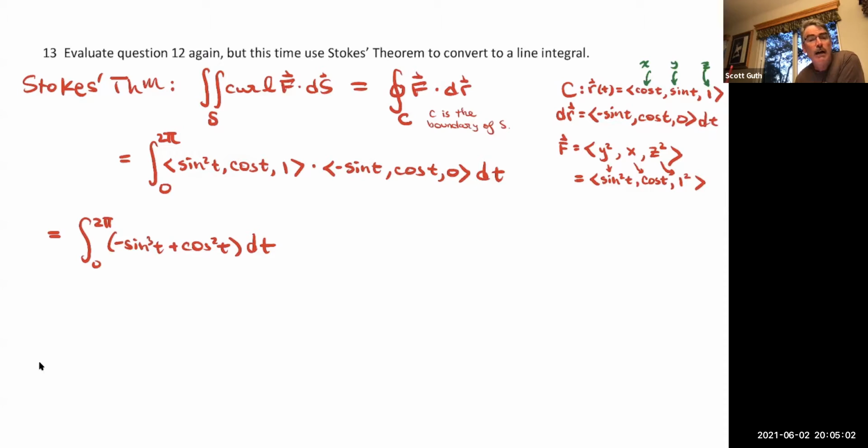Now, I'm going to have to split this into two integrals. I think that's kind of obvious. I'm going to have to do one integral with a sine cubed t from 0 to 2 pi, negative sine cubed dt. And then the other one looks relatively easier. So we get an integral from 0 to 2 pi of cos squared t dt.